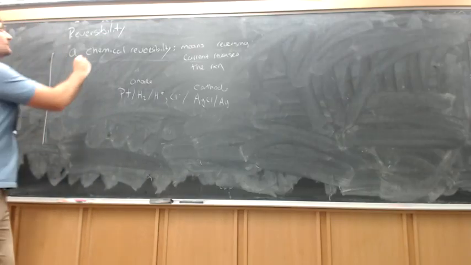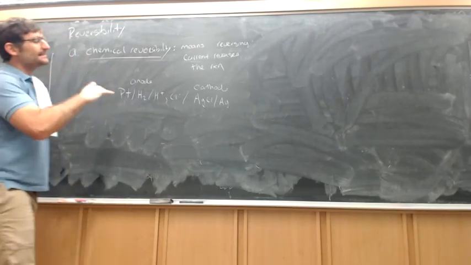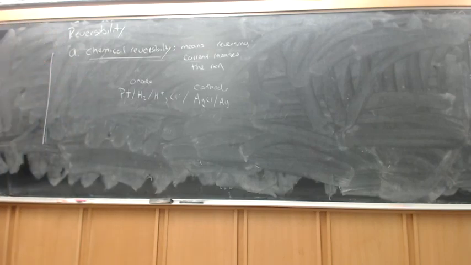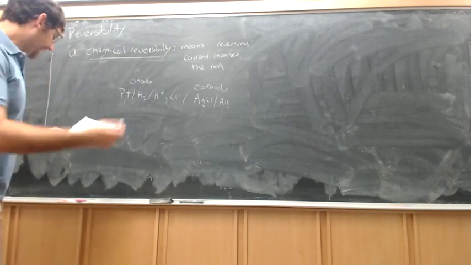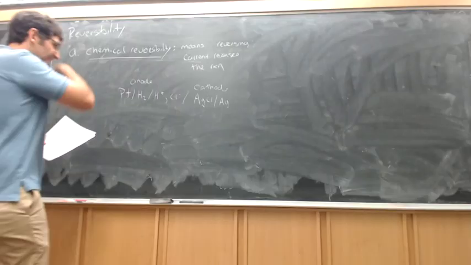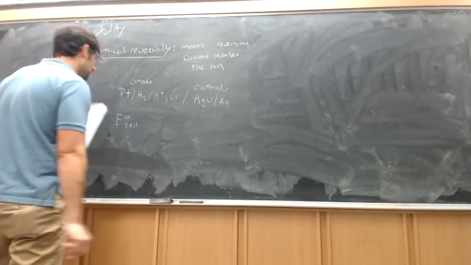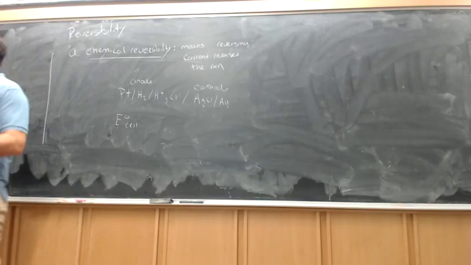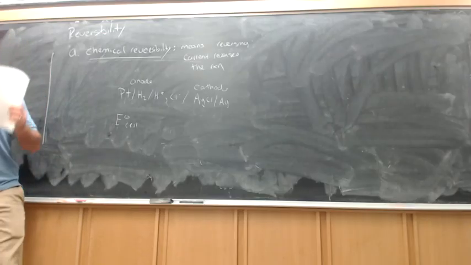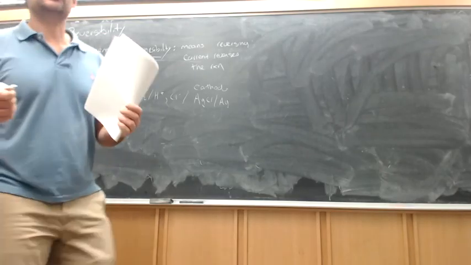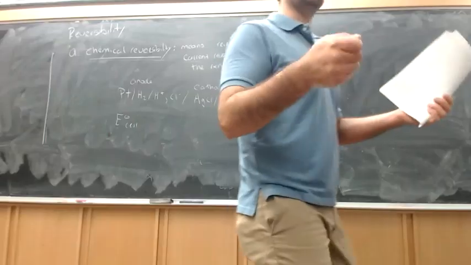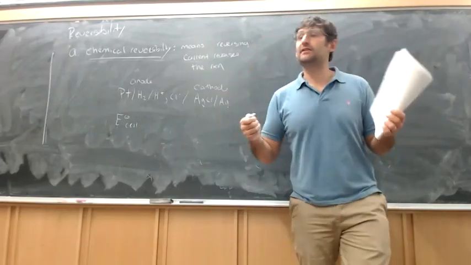But that's chemical reversibility. But it doesn't tell you what Arden said, that no energy is lost. Imagine you did this, E not cell. So I'm going to take my voltmeter, and a voltmeter is a measuring instrument that has the ability to measure voltage by passing an infinitesimally small current.